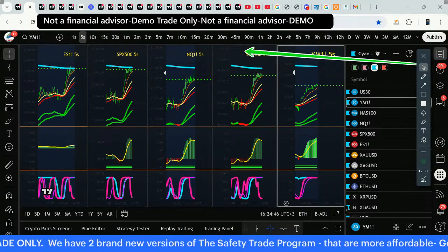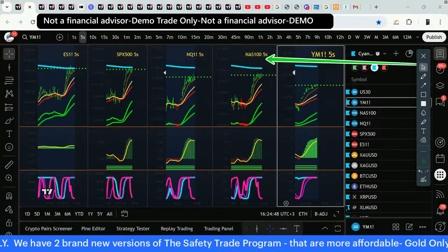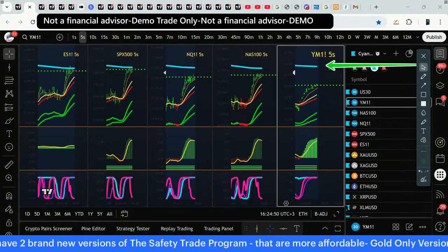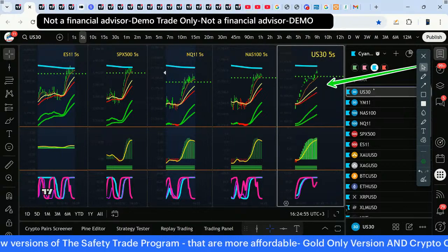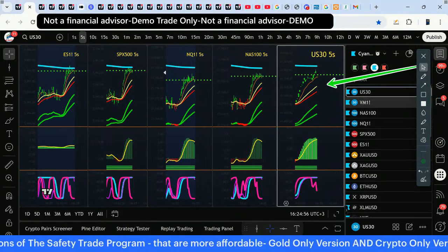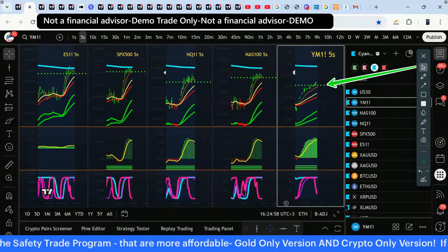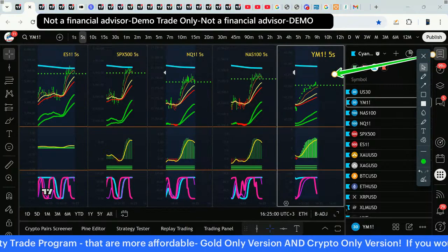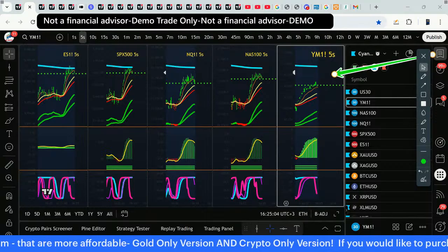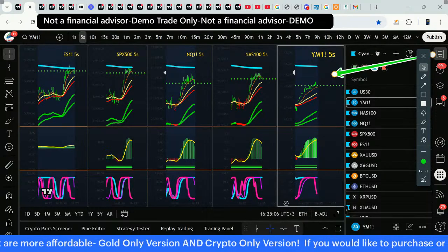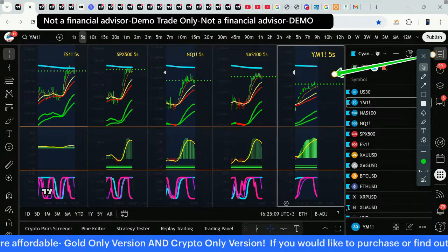NQ1 no touch in the money. NAS 100 to the 5-second blue line in the money. YM1 in the money. US 30 in the money. You're welcome. This is free money giveaway on YM1, lagging behind US 30. Look at that go. Thank you, Joe Biga, Aussie Trader, Larry Cooper.